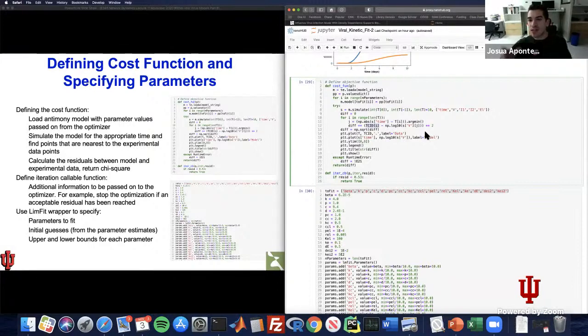In this particular example, we just have one data set, which is the viral load. But let's say you have viral load, but you also have the number of immune cells in the lymph node. What do you do?